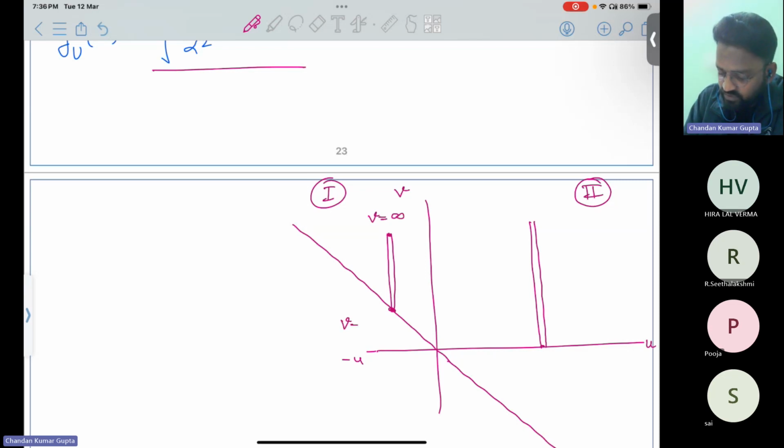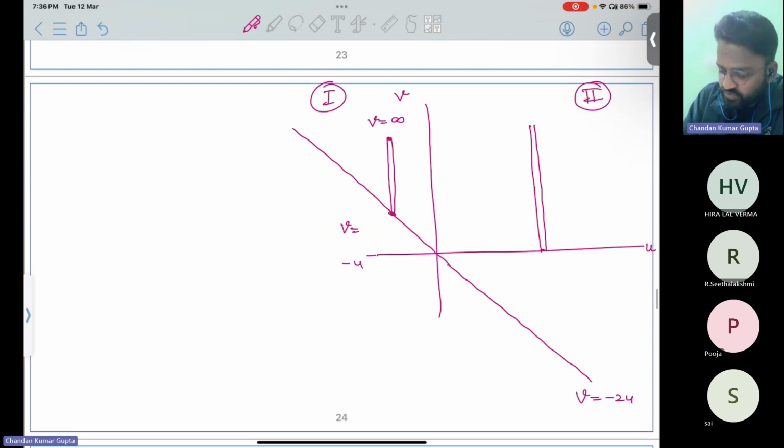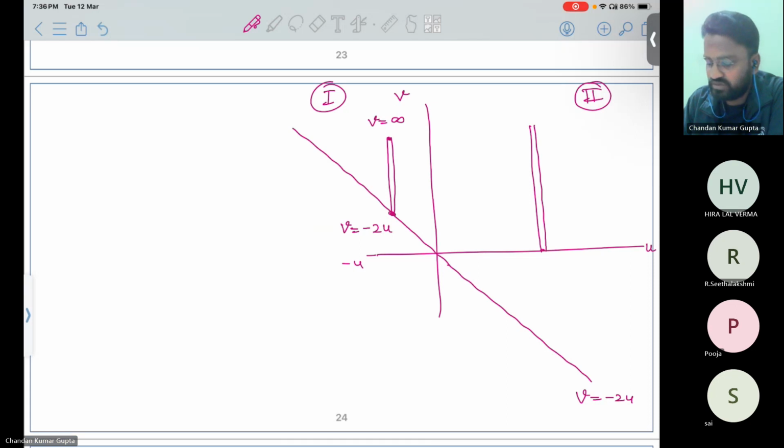And in the second region, v goes from 0 to infinity. So for u less than 0, the range of v is minus 2u to infinity, and when u is greater than 0, the range of v is taken from 0 to infinity. Is it clear or not?